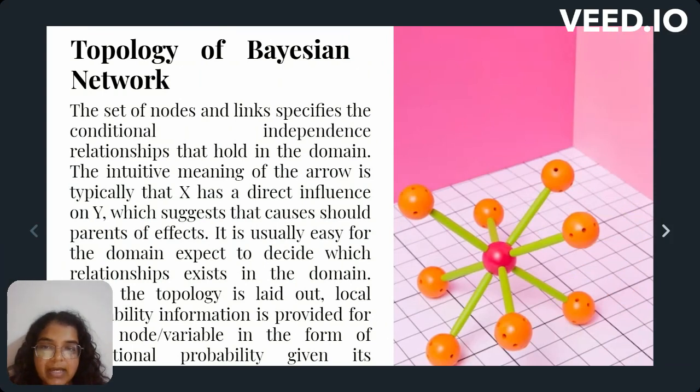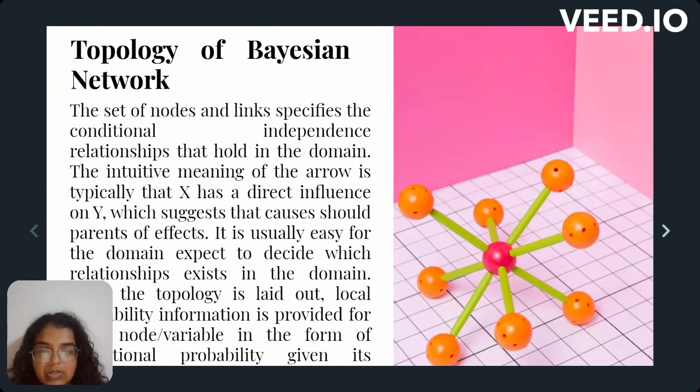Topology of Bayesian network. The set of nodes and links specifies the conditional independence relationships that hold in the domain. The intuitive meaning of the arrow is typically that X has a direct influence on Y, which suggests that causes should be parents of effects.